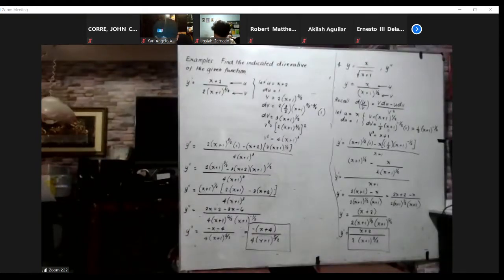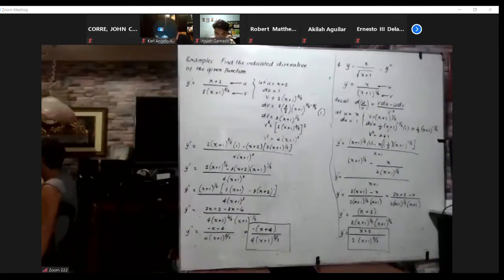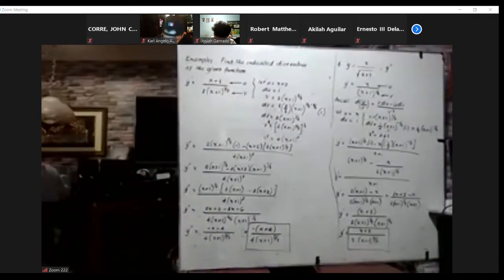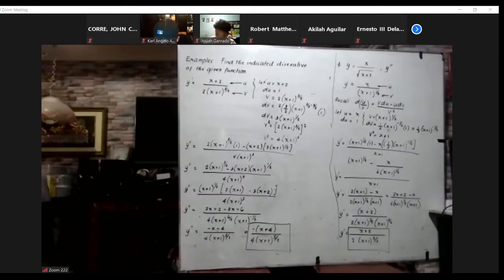Okay, so substitute, yung v natin is 2 times x plus 1 raised to 3 halves, and then du is equal to 1 minus u, ang u natin is x plus 1 plus 2, then dv natin is 3 times x plus 1 raised to 1 half. Okay, all over v squared, 4 times x plus 1 cubed.